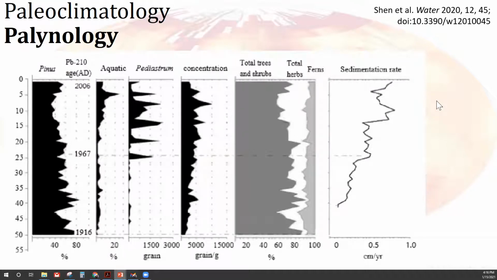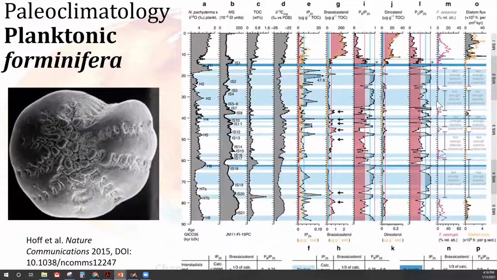And this is pretty close to a lot of the other proxies, actually. So in the ocean, we looked at the planktonic foraminifera. Hopefully, I'm not butchering that too badly. This is well outside of my realm, but the same kinds of things get done, where you're basically looking for this little single-celled organism that lives in water and builds a chambered shell.